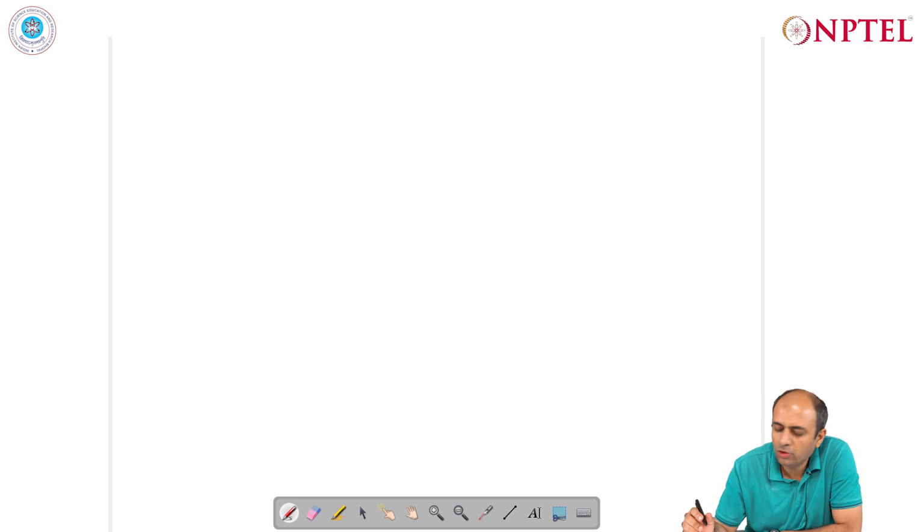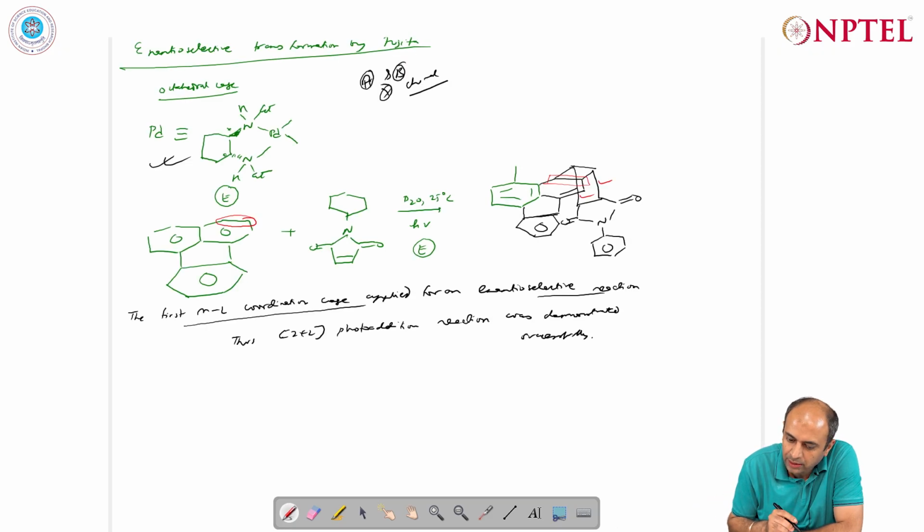Everybody, now let us continue our discussion further into this area of supramolecular reaction vessels. In the previous lecture we looked at the enantioselective transformation which was achieved using Fujita's octahedral cage, where the cage has been modified by bringing in a chiral center in this particular cyclohexyl part.